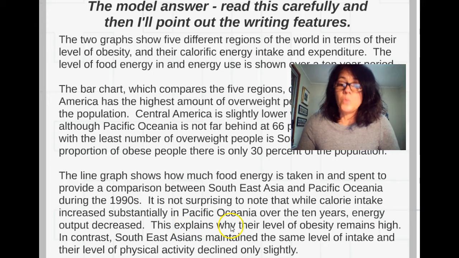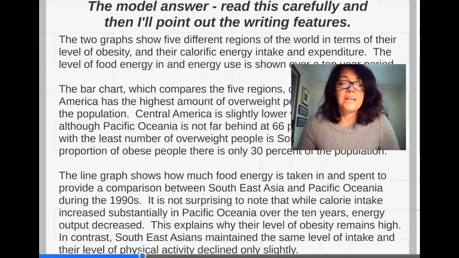This explains why their level of obesity remains high. In contrast, Southeast Asians maintained the same level of intake, and their level of physical activity declined only slightly.